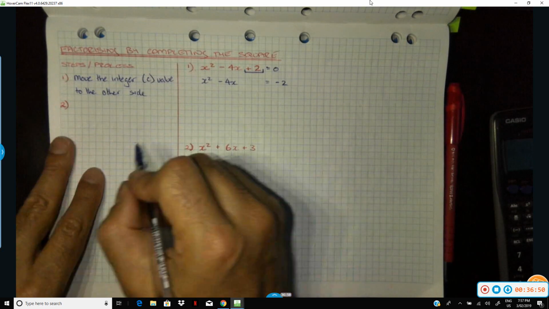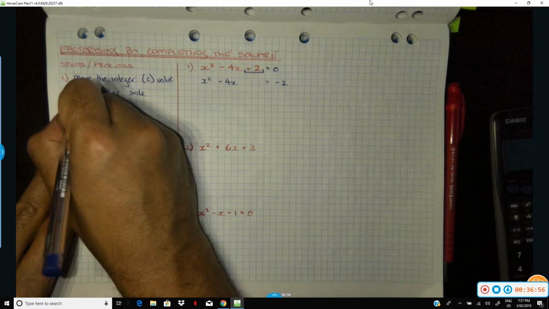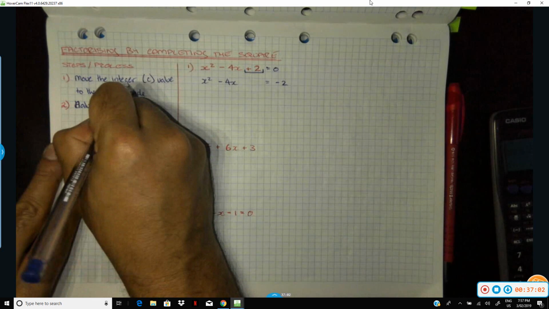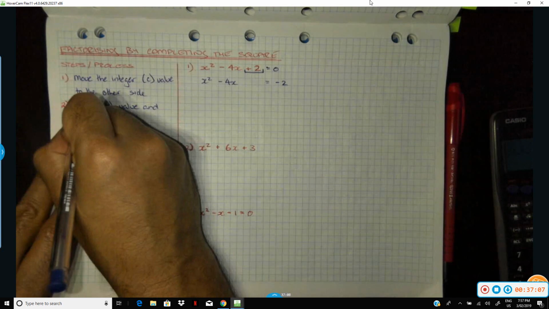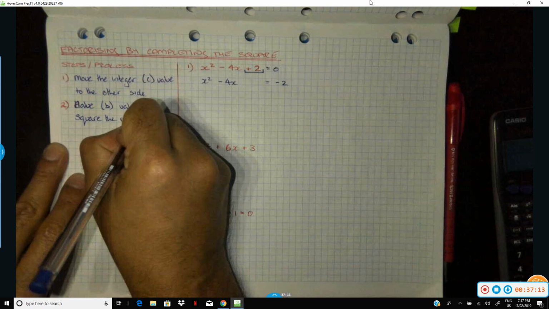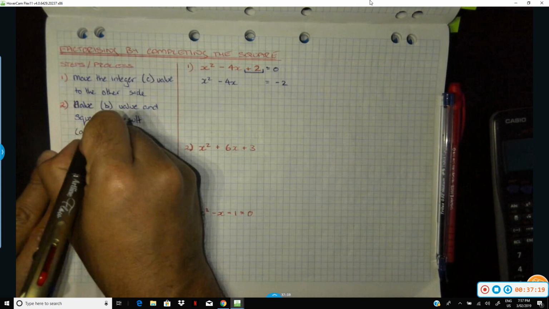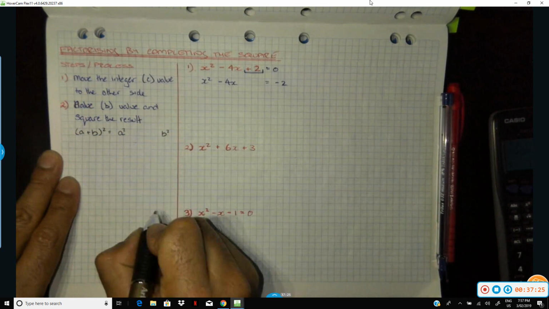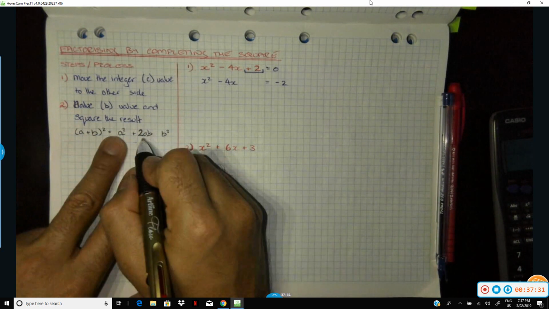And so what I do is I basically halve the b value and square the result. And that's due to the fact that a plus b squared is the first term squared, the second term squared, and 2 lots of both terms multiplied together.